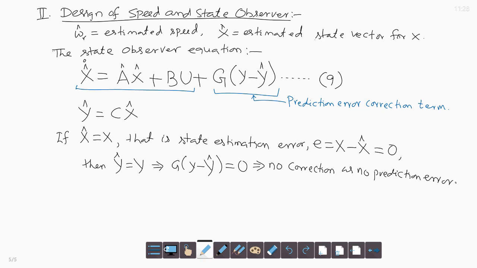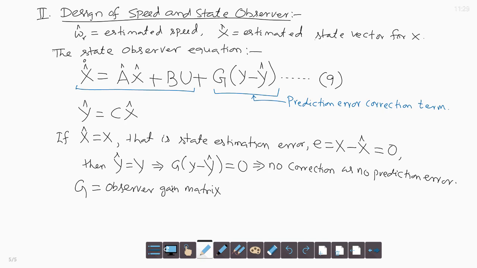G is the observer gain matrix. The observer gain matrix G will be designed properly so that the estimation error decays to 0 in the required time. The observer gain matrix is designed according to that. And why have we taken y minus y hat?